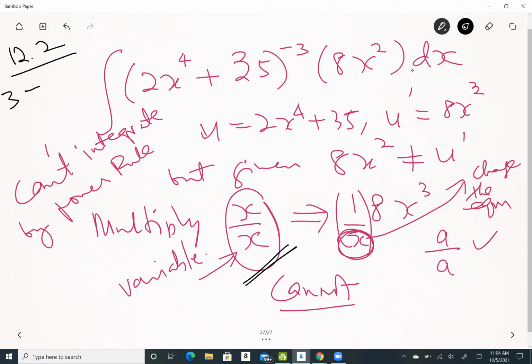From question number 3, you can do up to question number 20, up to number 34. Do as many as you want.